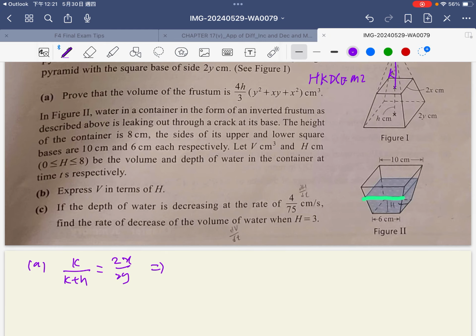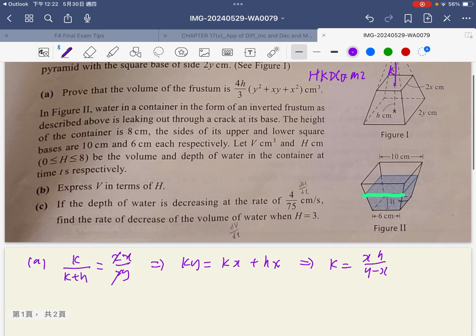Cancel the 2 and cross multiply: ky equals kx plus hx, and then make k the subject, k equals xh over y minus x.